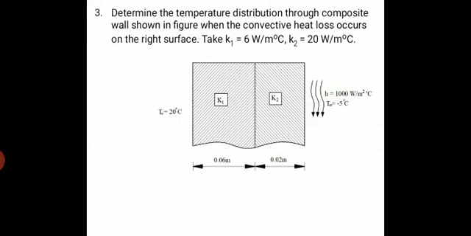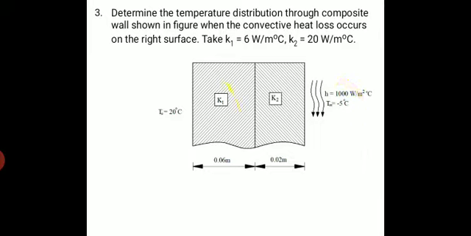The given problem is to determine the temperature distribution through the composite wall shown in the figure, when the convective heat loss occurs on the right surface. T naught is the temperature given at this end. As it goes through, heat loss is going to take place, because T infinity is minus 5 degrees Celsius.